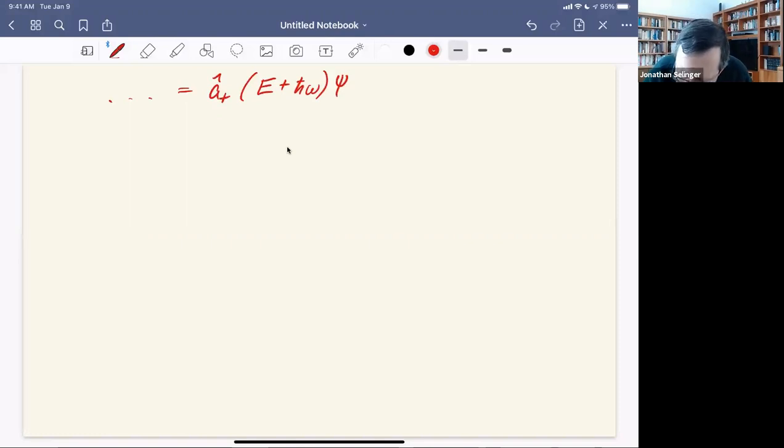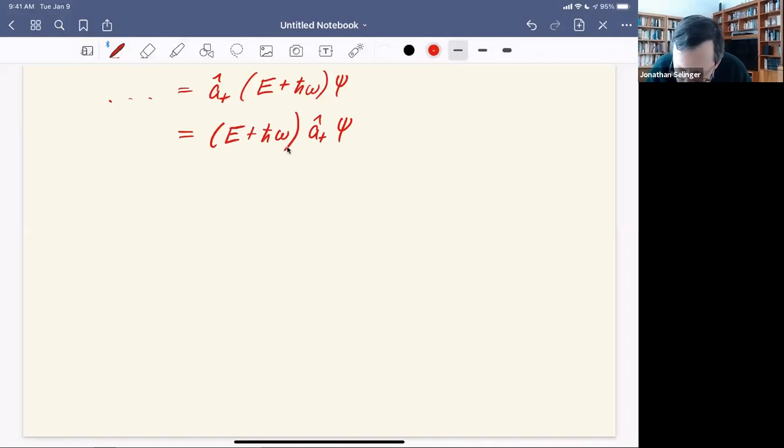So E plus h bar omega is another number, so it can factor out, since A plus is a linear operator. So this is E plus h bar omega times A plus psi. But A plus acting on psi, that is f nu.